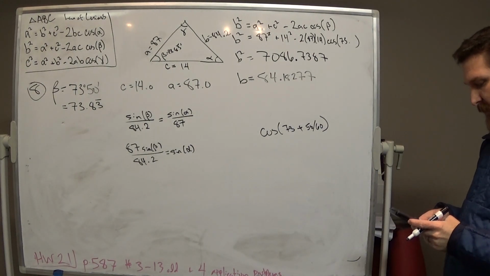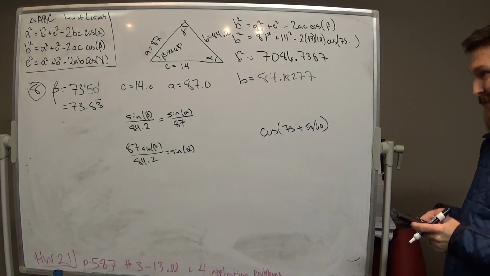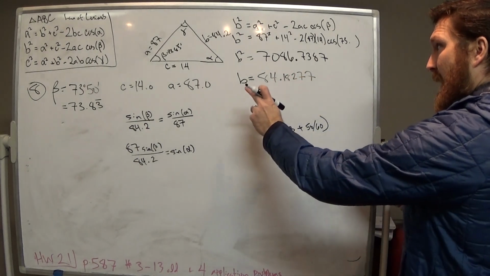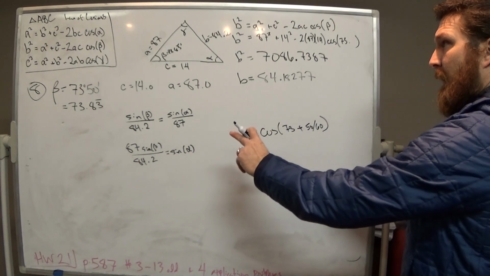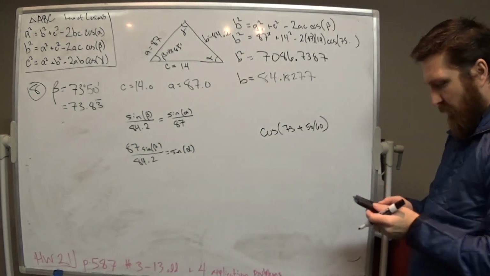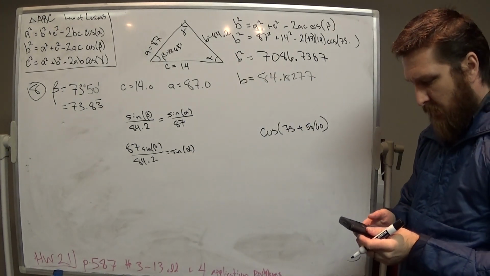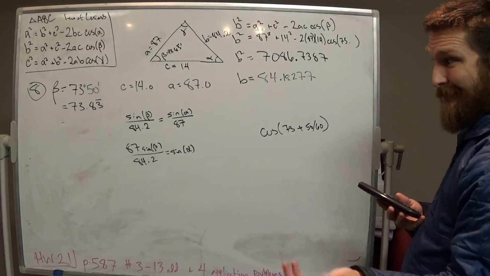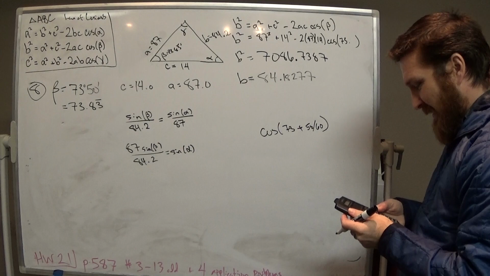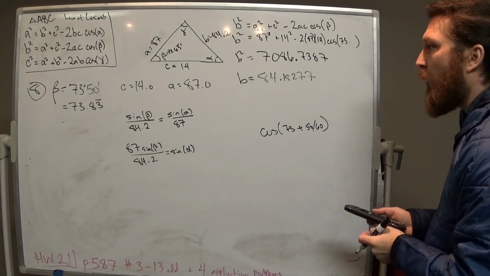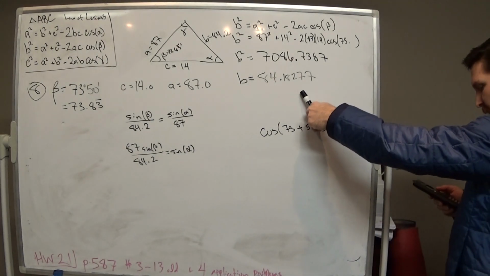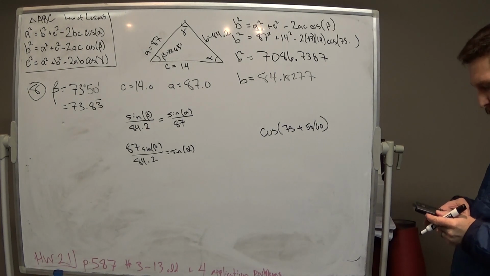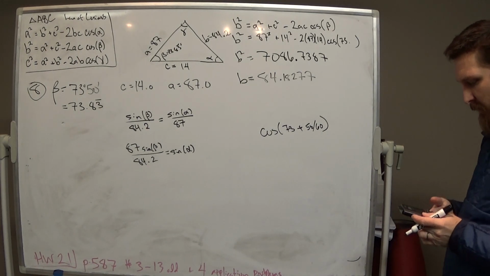So I'm going to put that all together. 87 times sine of beta, which was 73.83. So I'm going to go up and grab beta, sine beta. Divide by, not 84.2, I'm going to go up into my calculator until I get to the 84.18276971.